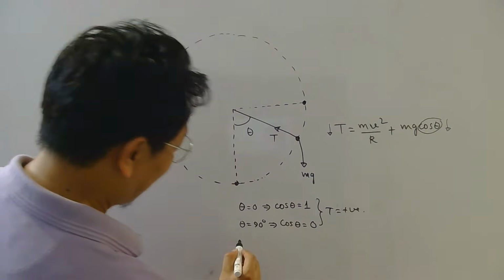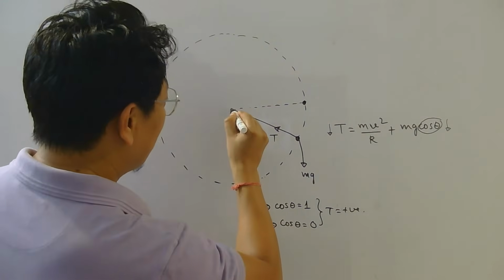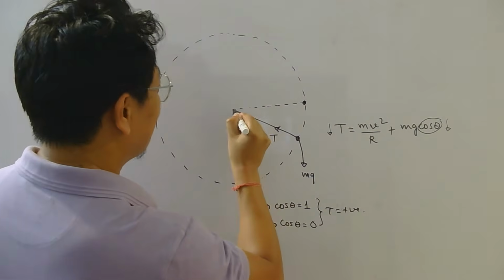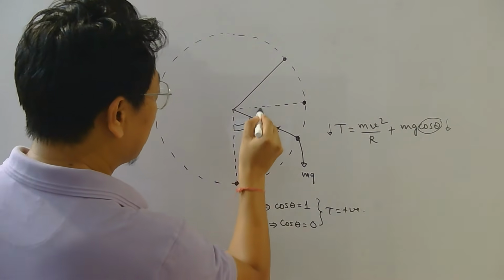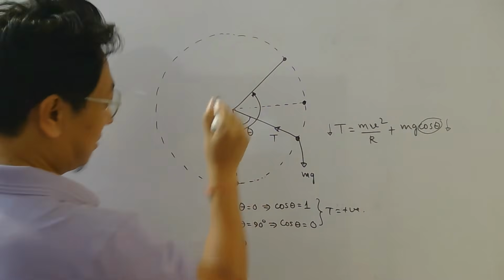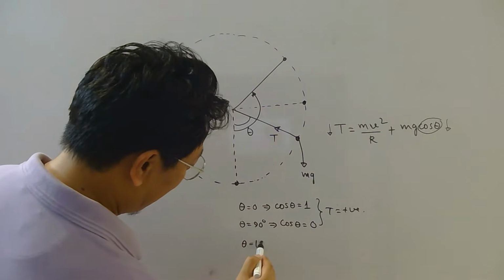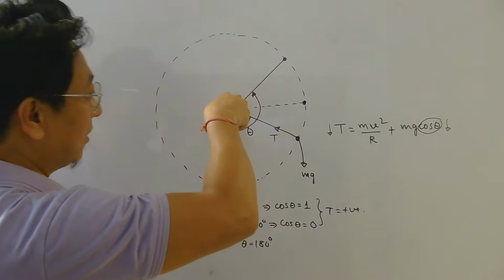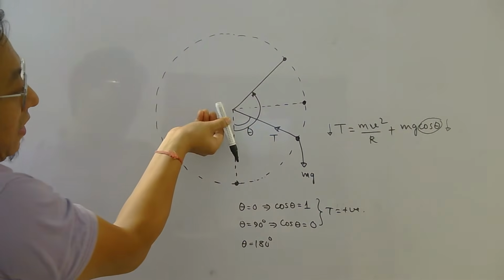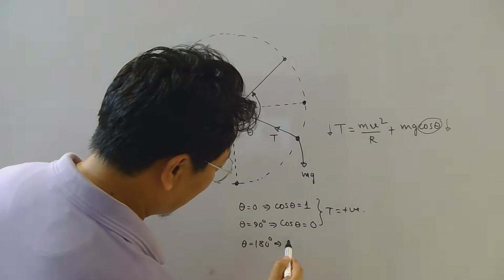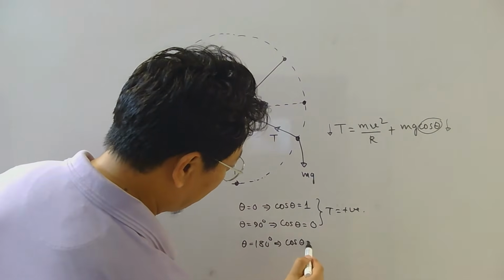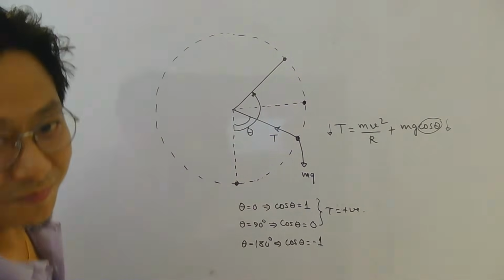But the moment our pendulum crosses this position and reaches here, you can see theta becomes obtuse. Let us say theta approaches 180 degrees, as our pendulum reaches here. What is cos theta when theta becomes 180? Minus 1.